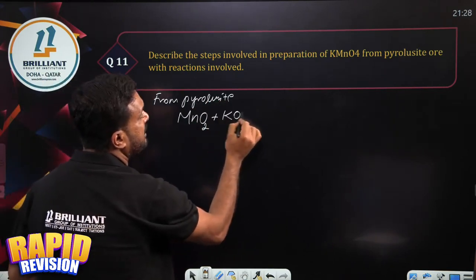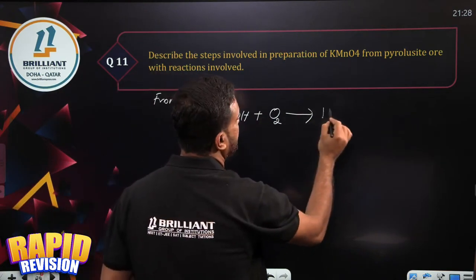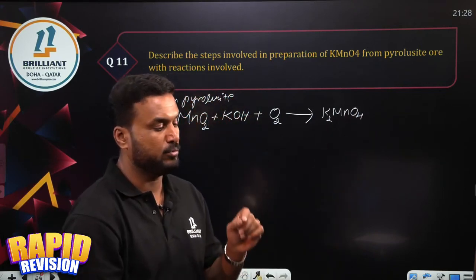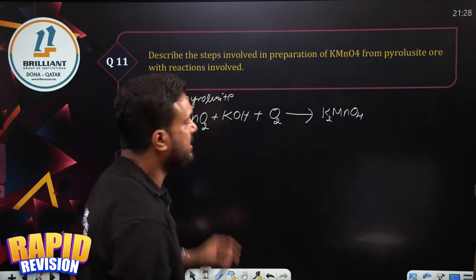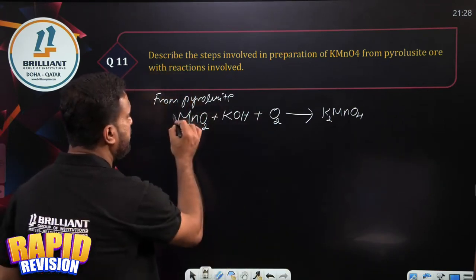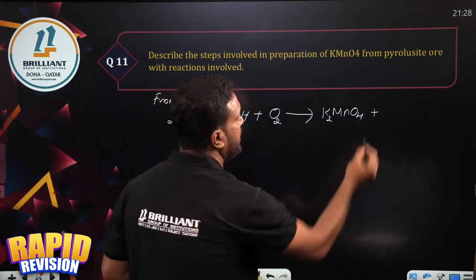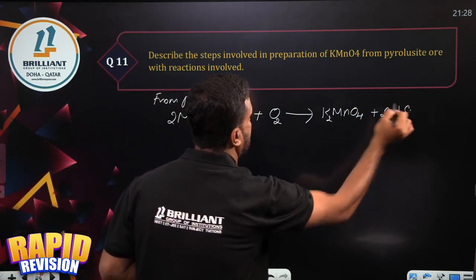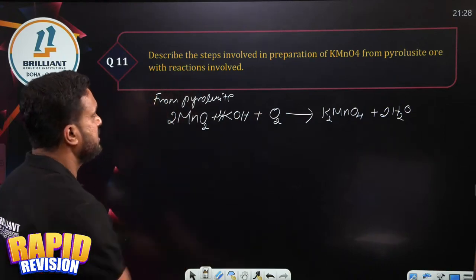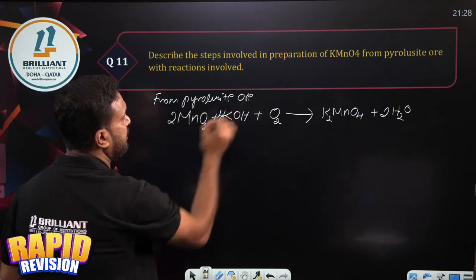When MnO2 reacts with potassium hydroxide and oxygen, you will be getting K2MnO4, potassium manganate. Here you can remember the balanced equation: 2MnO2 plus 4KOH plus O2 gives 2K2MnO4 plus 2H2O. That is the reaction from pyrolusite ore, that is MnO2.